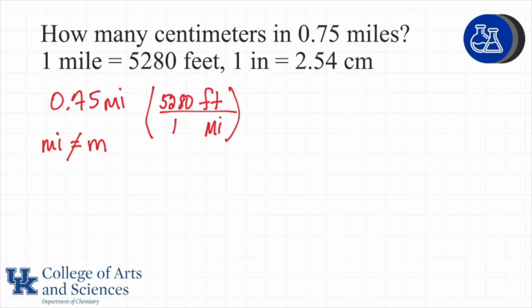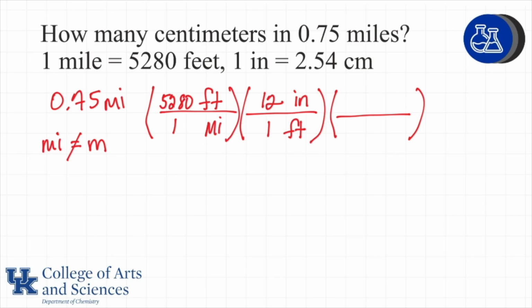Now I have feet in the numerator, and I need to cancel that out, so I need to put feet in the denominator of the next step. So I put inches because I know the relationship between feet and inches. So 1 foot equals 12 inches. Now I need to have inches on the bottom and centimeters in the numerator because that's the other relationship I know.